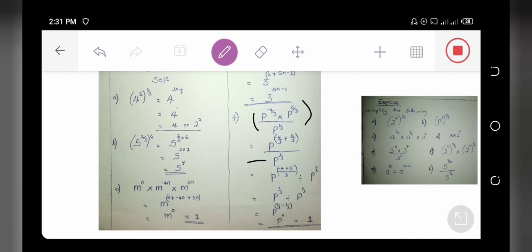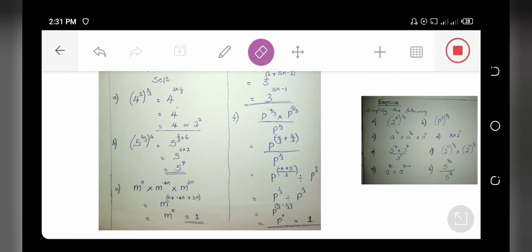After that we simplify the power on the numerator. Then we can combine it with the one on the denominator, since we are dividing indices whose bases are the same. When we are dividing, we subtract the powers, and after subtracting, we get p to power 0, and any number to power 0 is always equal to 1. So that's how we can also work out F.